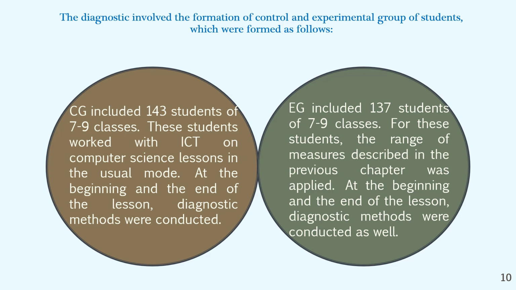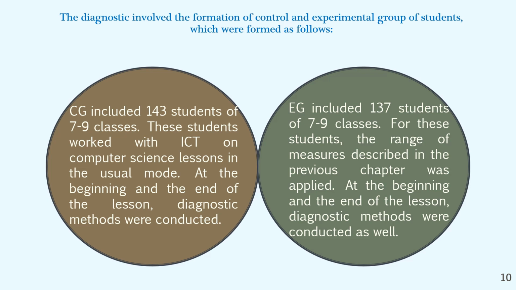At the beginning and end of the lesson, diagnostic methods were conducted. The experimental group included 137 students of 7 to 9 classes. For these students, the range of measures previously described was applied. At the beginning and at the end of the lesson, diagnostic methods were conducted as well.